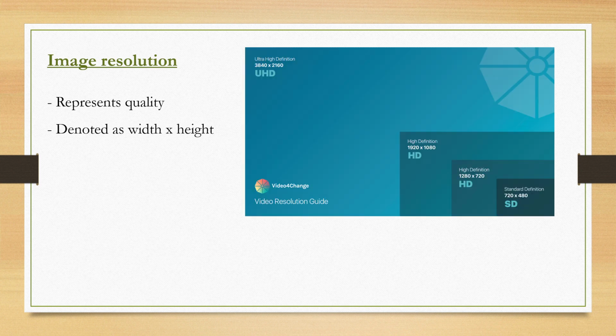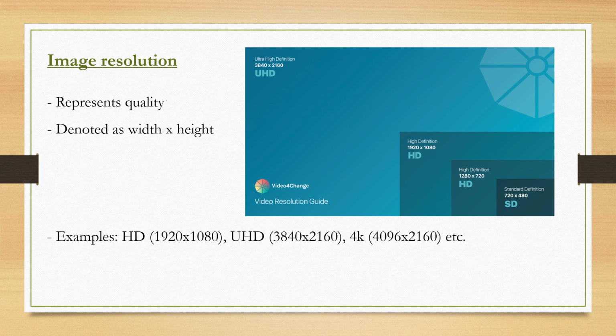To know more about that, let's start with image resolution. Image resolution represents the quality of the image, and it is denoted as width times height, like we discussed before. Here you can see images with different qualities, that is, different resolutions.